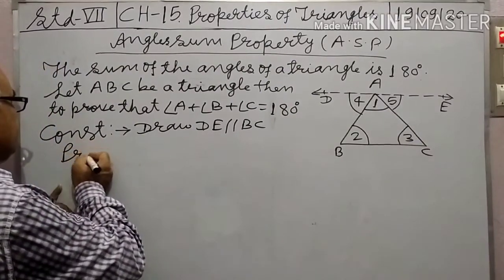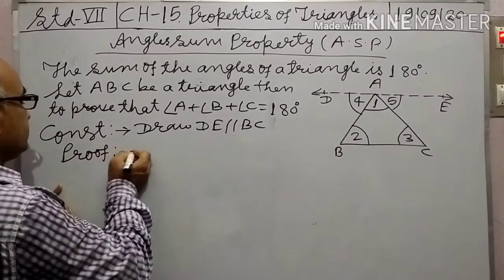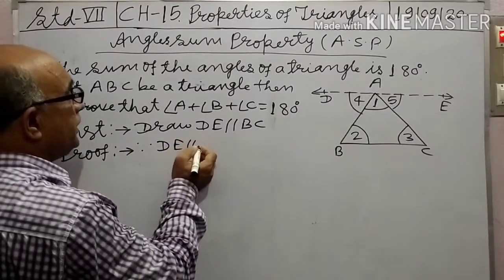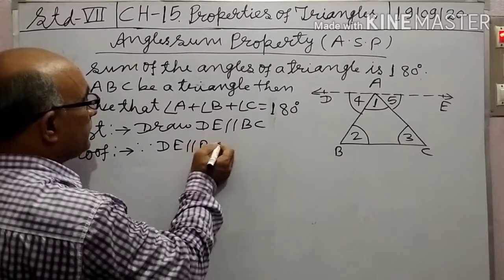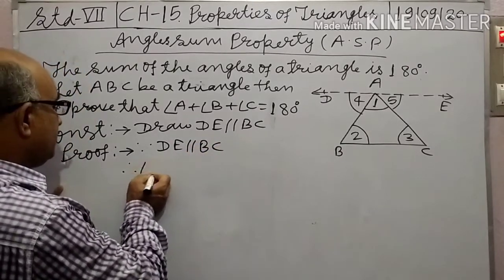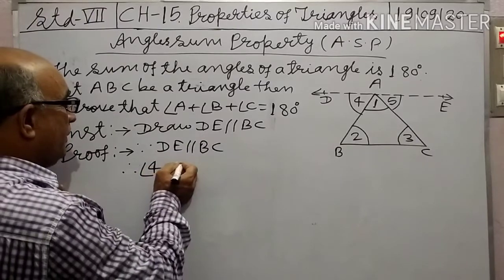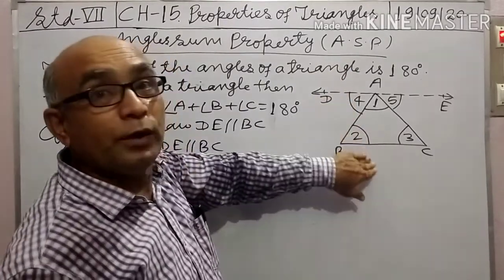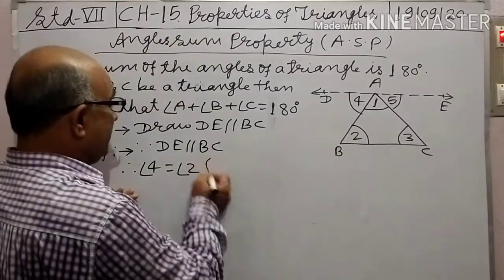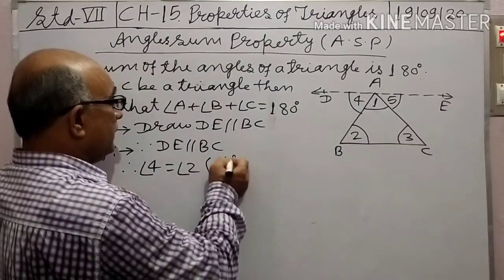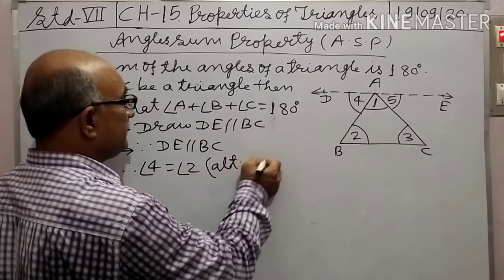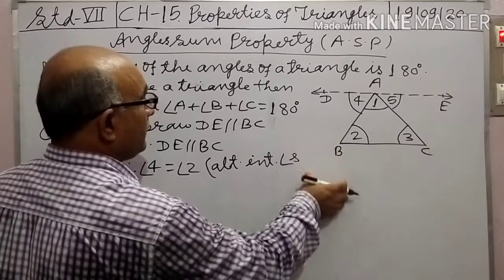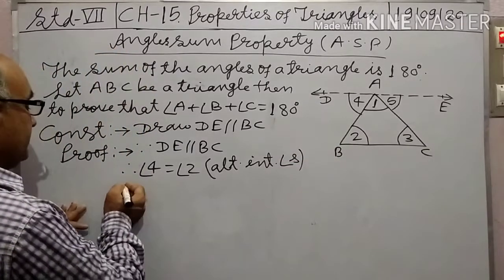Proof. Since DE parallel BC, therefore angle 4 equal to angle 2, alternate interior angles.